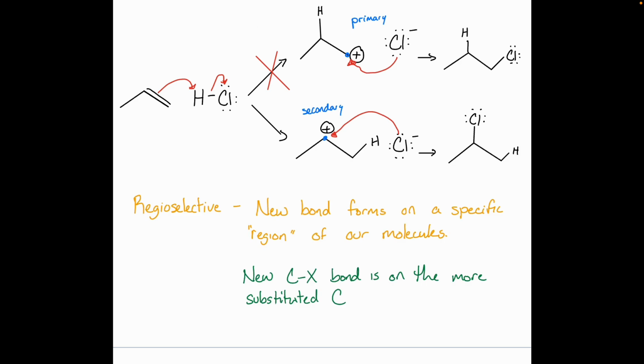All right, it's going to form on that secondary carbon because that forms the more stable secondary carbocation. And this type of regioselectivity, where it goes on the more substituted carbon, is what's called a Markovnikov type reaction. Obviously named after some Russian dude who established it.